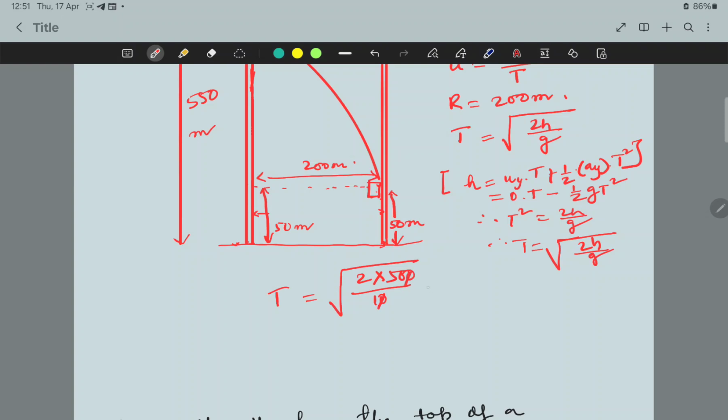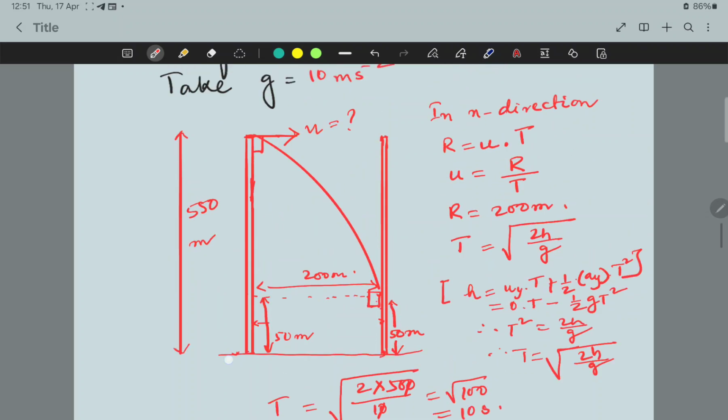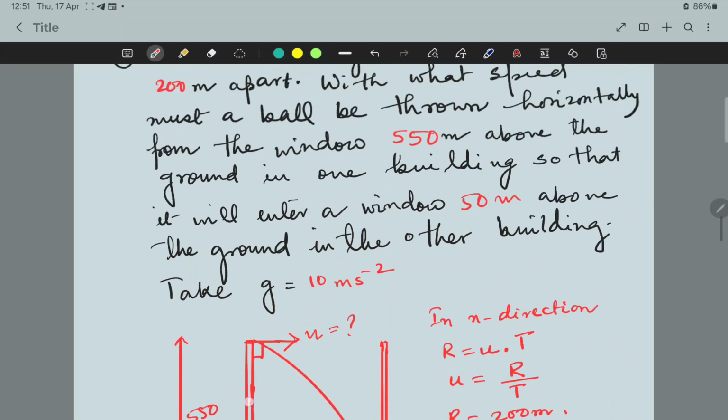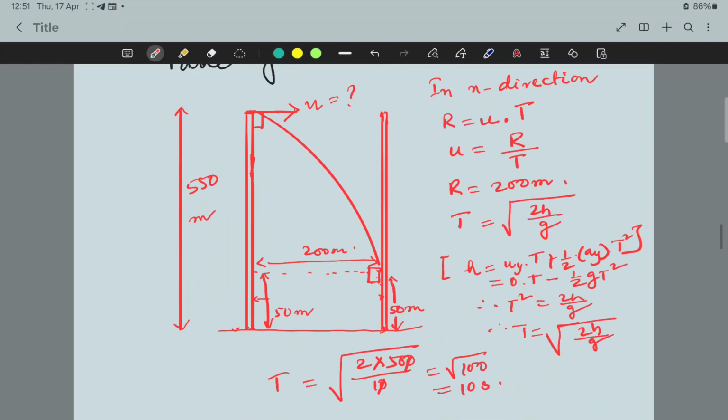So it gives us root 100, that is 10 seconds. So the ball takes a time of 10 seconds to get dropped to this target window.